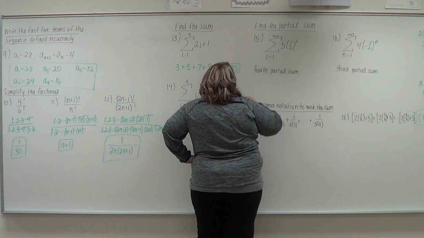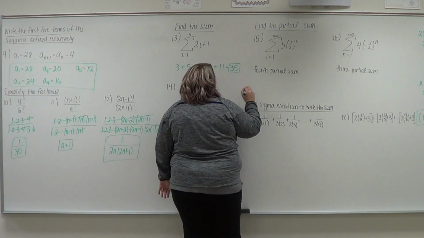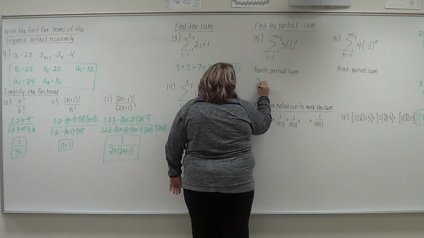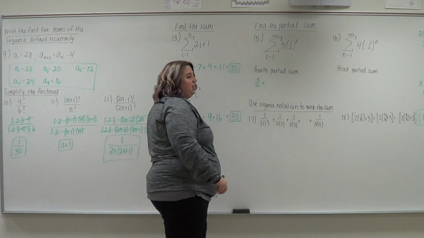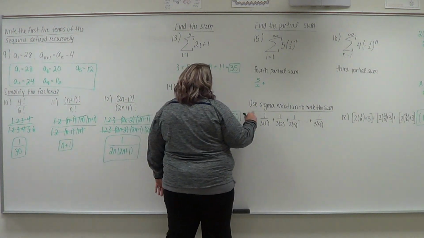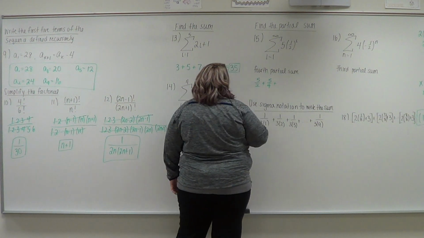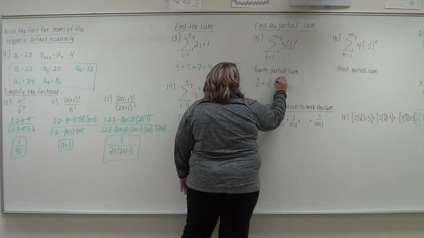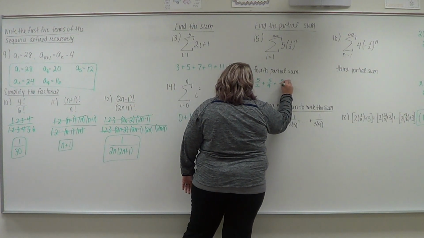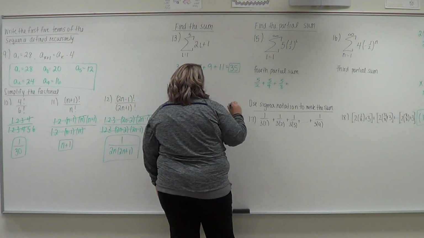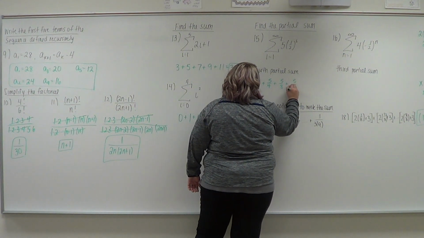So if I plug in 1, a half to the first is a half, times 5 is 5 halves. Then I'm going to plug in 2. Half squared is a fourth, times 5 is 5 fourths. Then I'm going to plug in 3, and I get 5 eighths. Then I'm going to plug in 4, and I get 5 sixteenths.